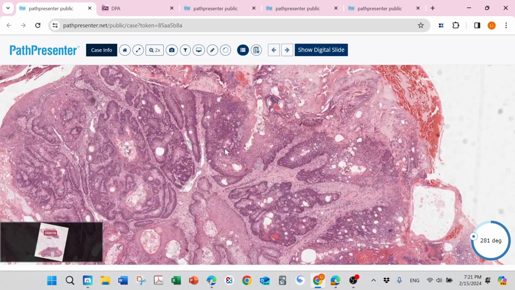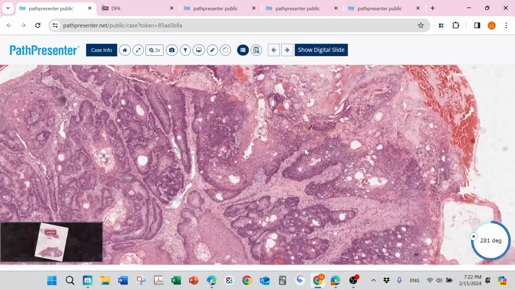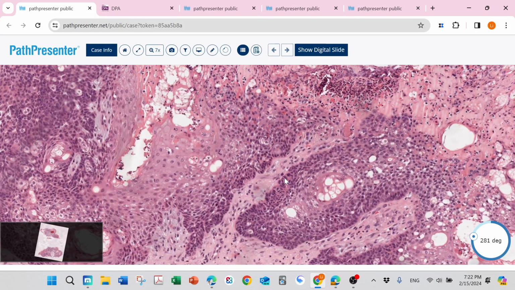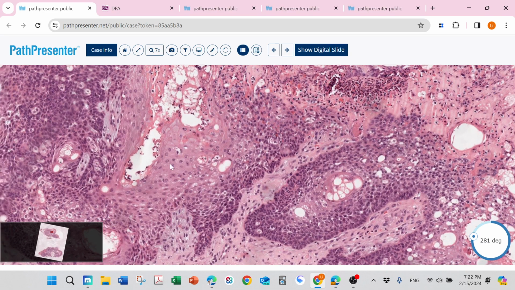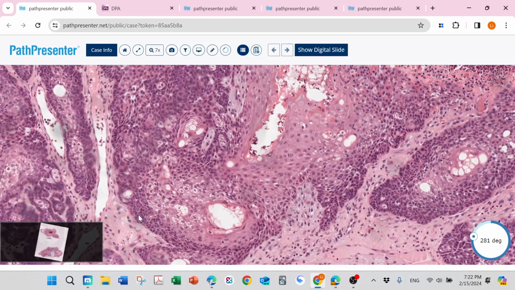Then, even low power, we know other than this bubbly sebaceous gland, we have kind of multi-layer of this hyperchromatic, bluish basaloid cell. When we zoom in, yes, we can see not just sebaceous differentiation around. We also have this hyperchromatic cell, multiple layers of them.